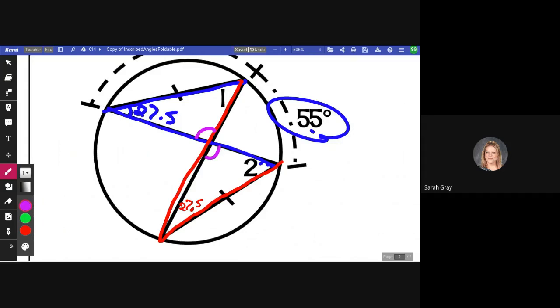These two angles are the same because, you may remember what those angles are called, the purple ones. Vertical, I think I heard somebody say it. Was it Carson? Vertical angles. And then we have these two segments that are marked as congruent. So these triangles are congruent. But does that help us get the measure of angle 1 and angle 2?